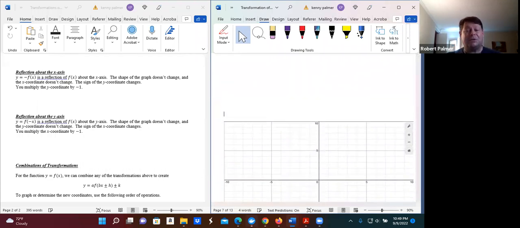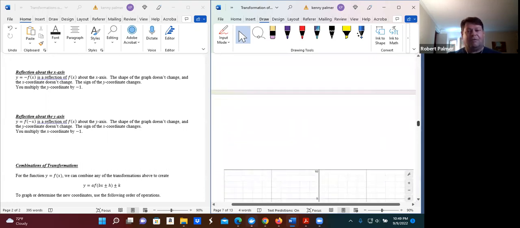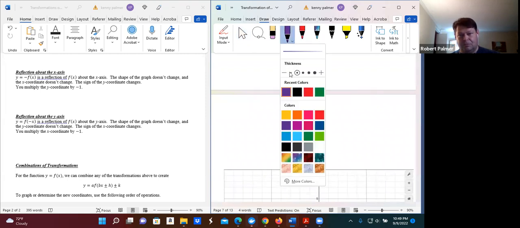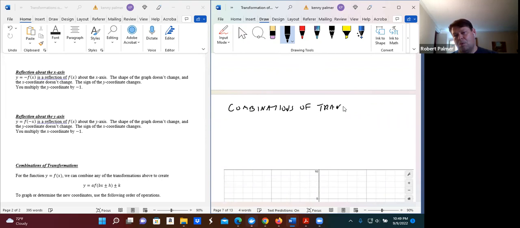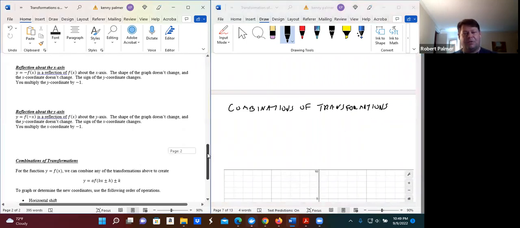Now, let's talk about the next idea, which involves combinations. Now that we've learned the basic transformations, we can actually combine them. So let's come back over here to the left.